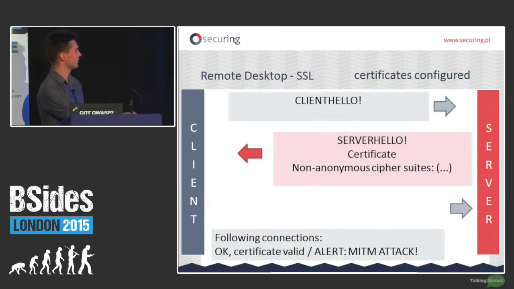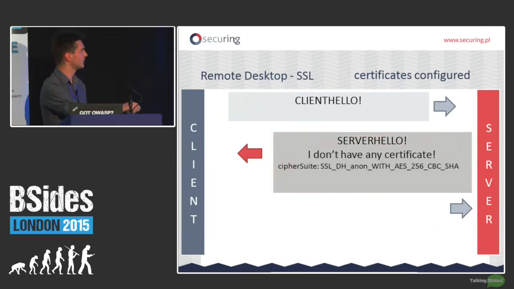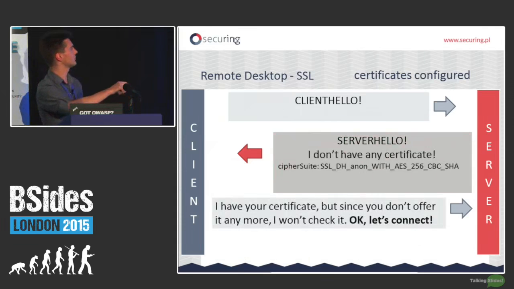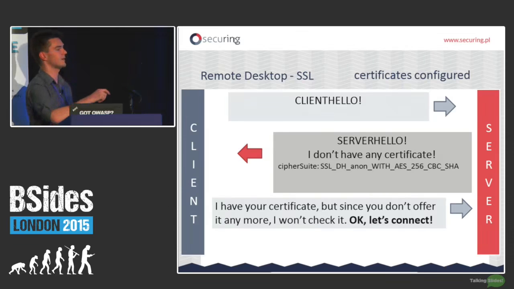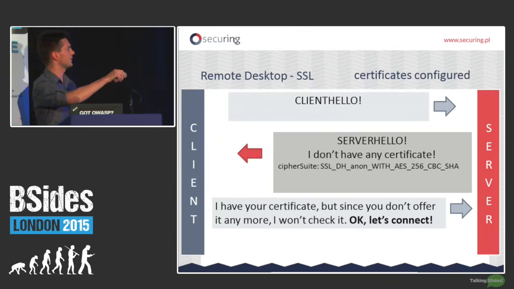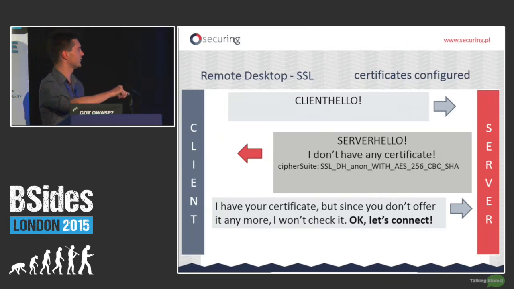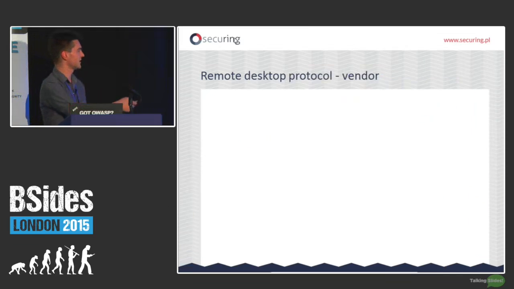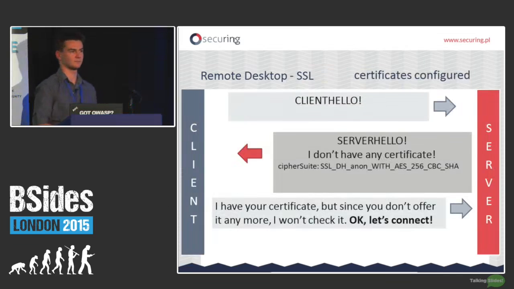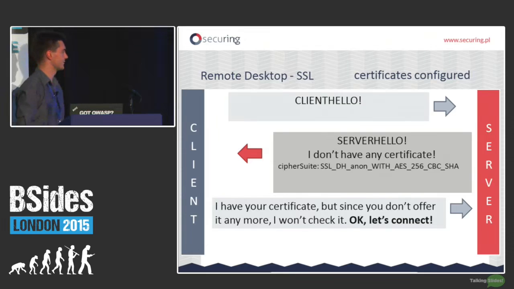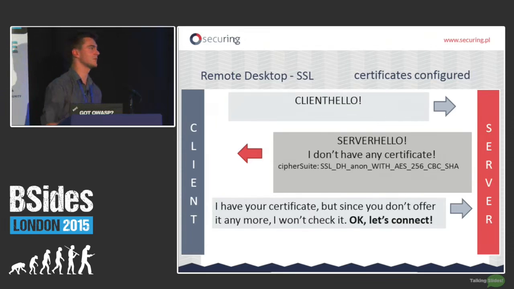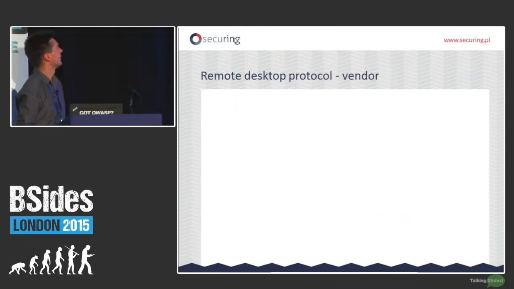This time, if you connect with a wrong certificate, the server responded with an error, but if you change the communication from the server to the client, and the client thought that it should be an anonymous suite, and responded with no certificate, the server responded, okay, let's connect. So yeah, a lot of backwards compatibility vulnerabilities there.